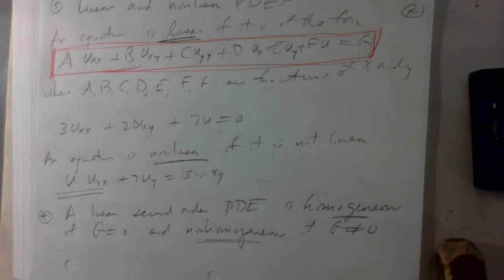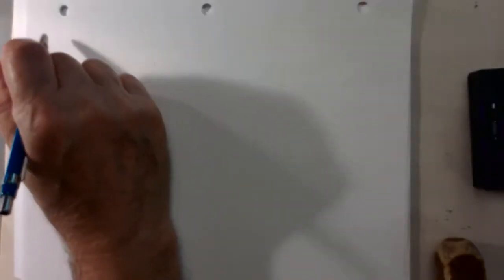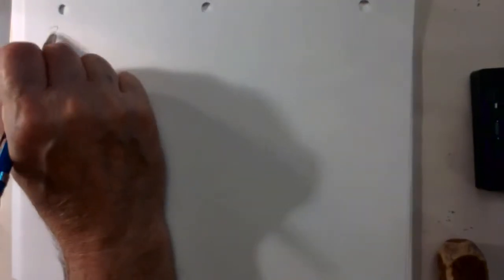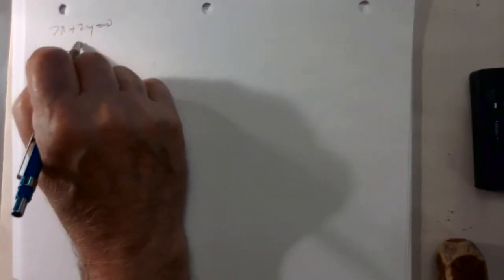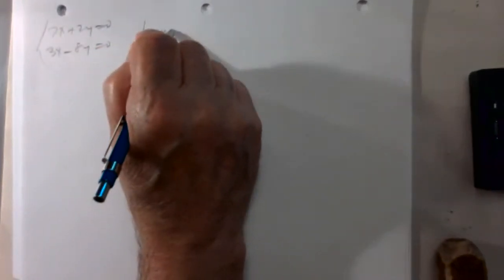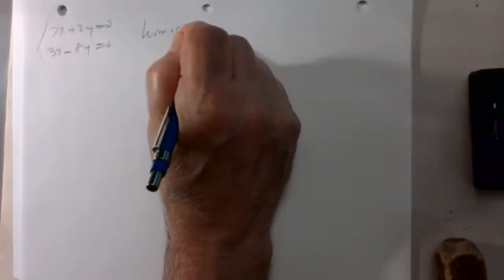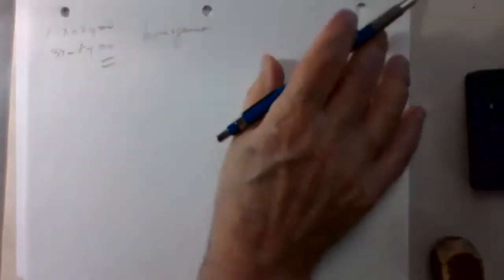This is just like what you learned in pre-calculus when you were looking at systems of linear equations. If you have a system of linear equations like 7x plus 2y equals 0, 3x minus 8y equals 0, this system was called homogeneous because the right-hand sides were 0.